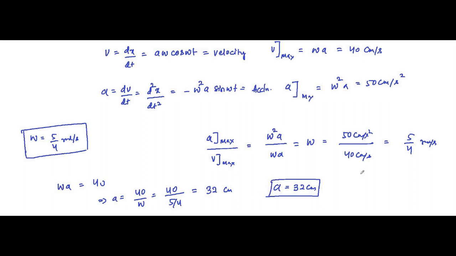And the time period T is equal to 2 pi by omega, because omega is equal to 2 pi by capital T. So T is equal to 2 pi by omega, which is equal to 2 pi by 5 by 4.